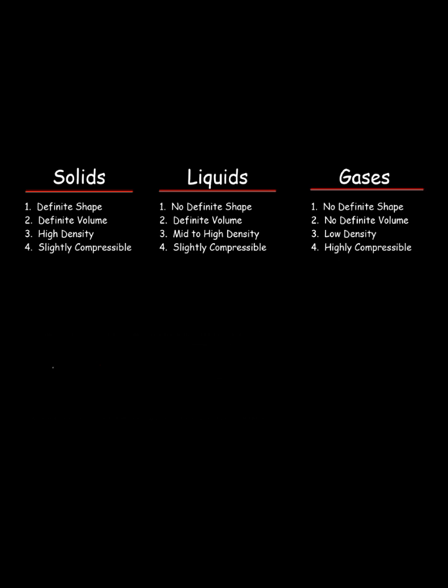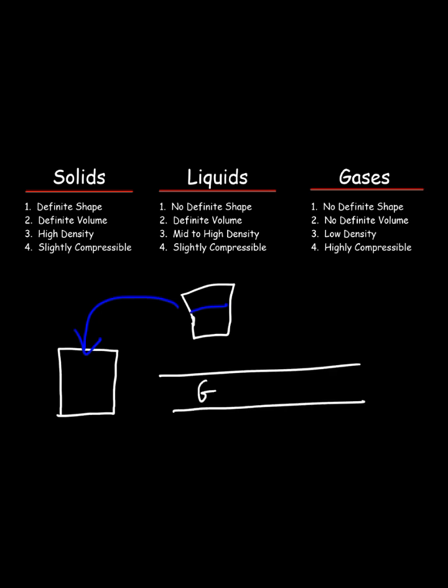A liquid can flow. So let's say I have a cup, I can take another cup and pour liquid into it. Gases can flow too. Let's say you have a pipe and you have a gas in the pipe. The gas can flow through the pipe, but solids don't have that ability to flow.